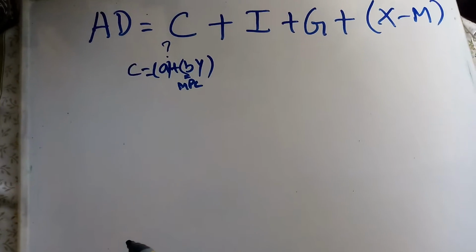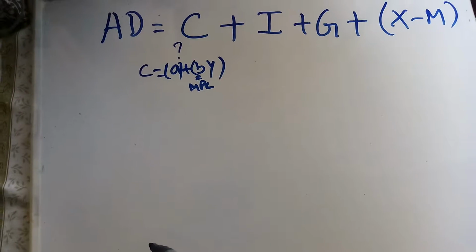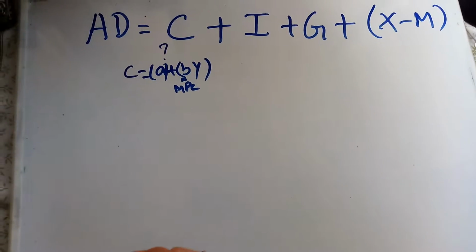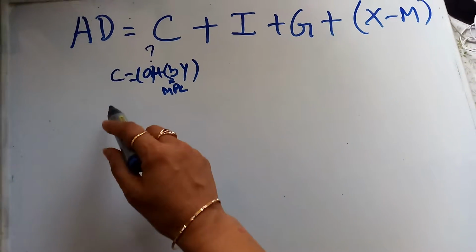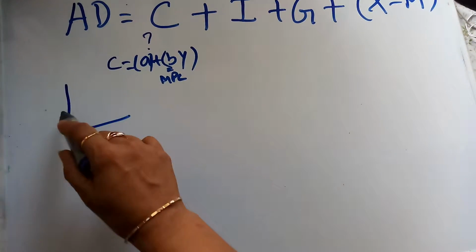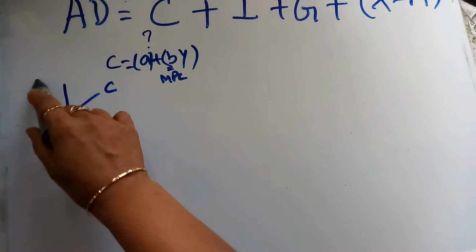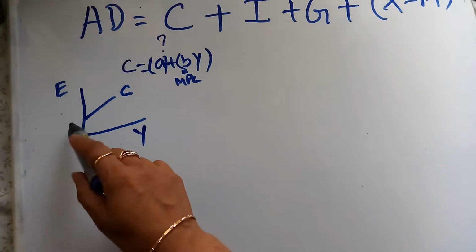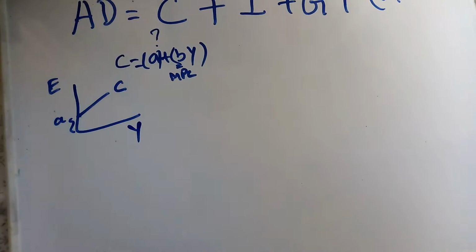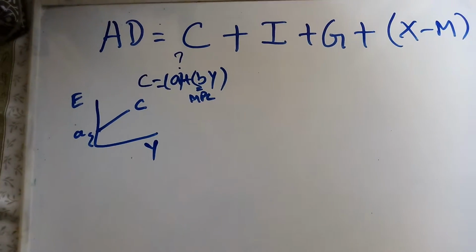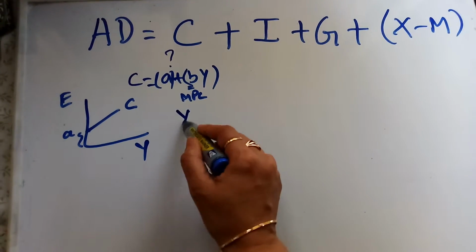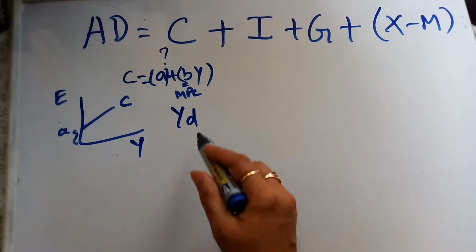What are the determinants of consumption now? What are the factors that affect consumption? Of course, if you're doing an essay, it is always good to have more diagrams. So you could very well incorporate a quick diagram on consumption as in here. This is expenditure and Y. This is the autonomous component and that is the consumption line. So the determinants of consumption are, the very first one, disposable income.